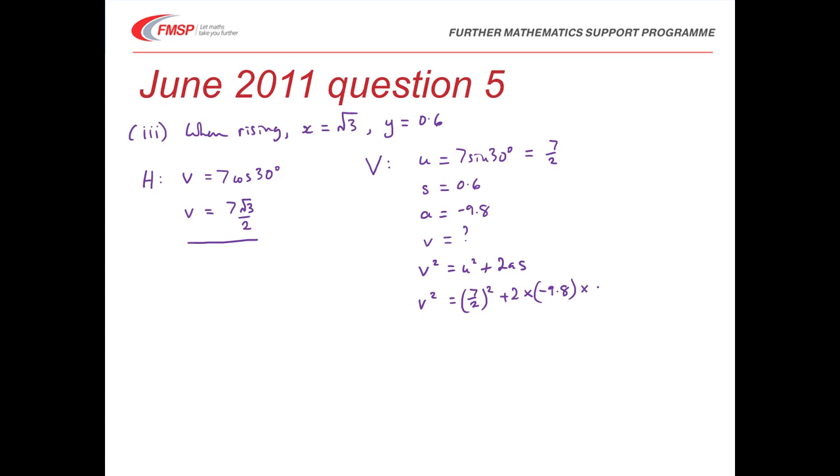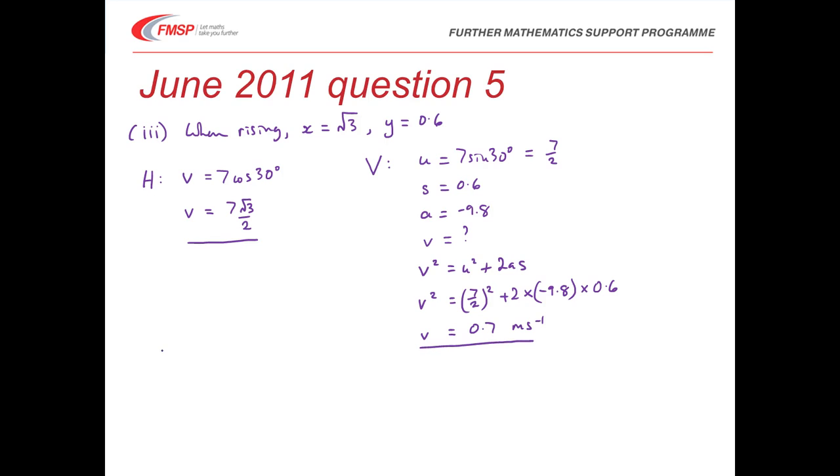Multiply that by s, which is my y above, my displacement, 0.6. Well, I won't bore you with the calculation, but whether you do it as decimals or fractions, you end up with a very nice answer there, that v is 0.7 meters per second exactly.